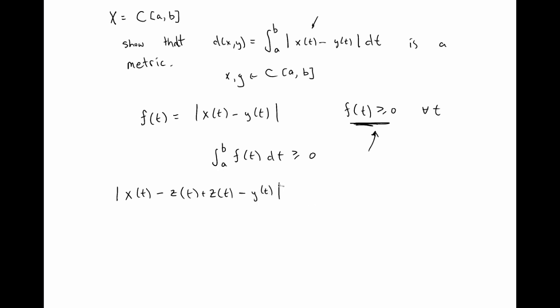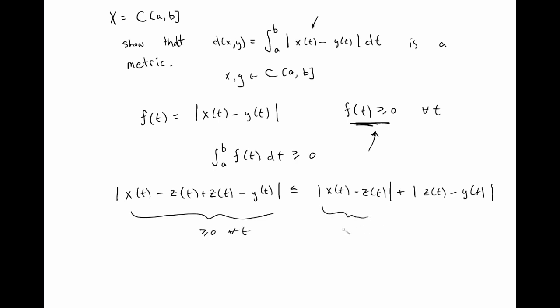Each of these are real numbers, so we have that this is less than or equal to x(t) minus y(t). And also, this function is greater than or equal to 0 for all t, and that is also true for both of these.